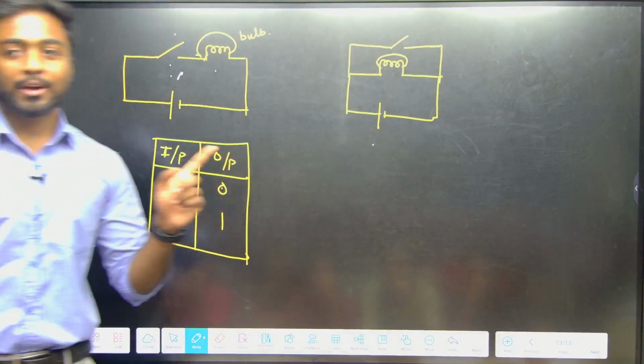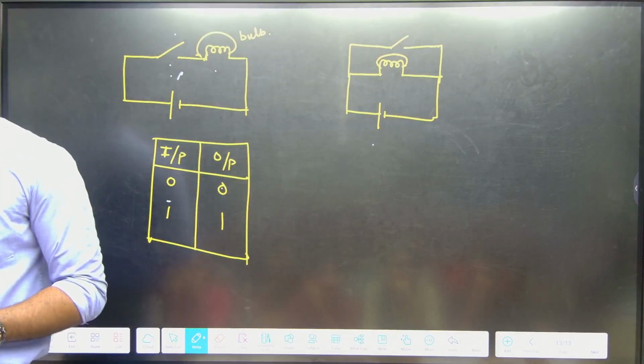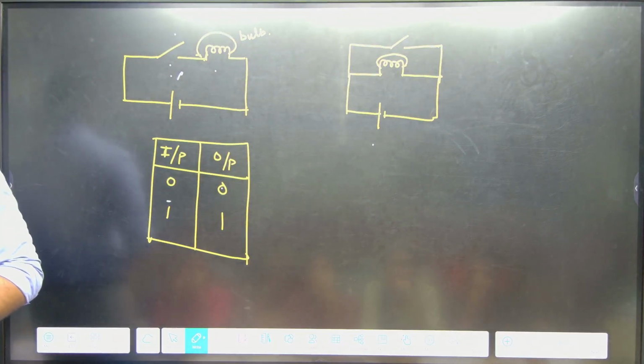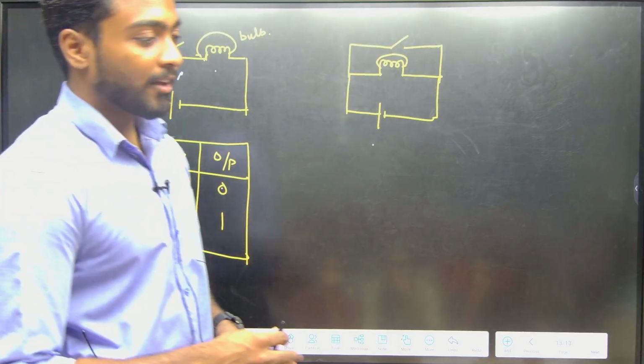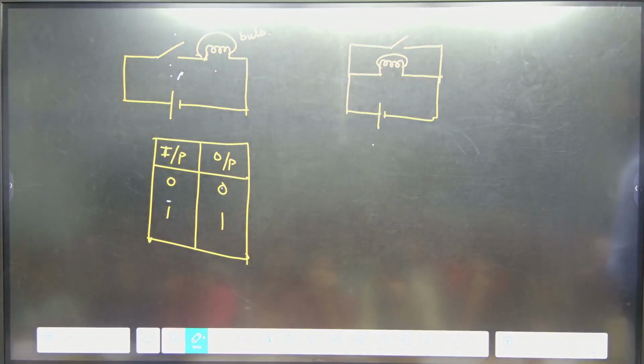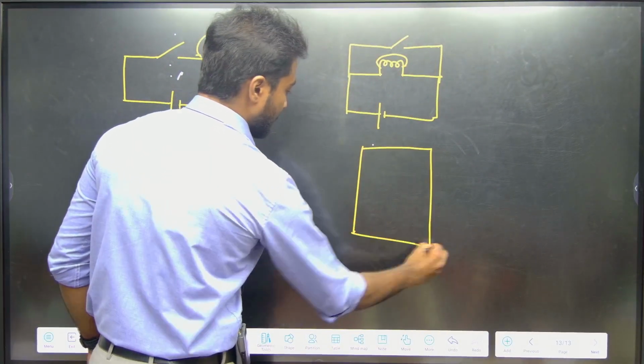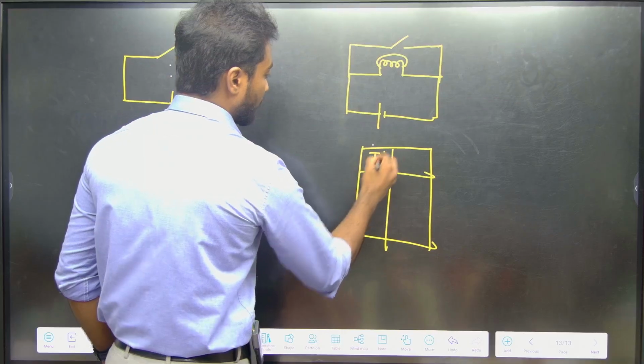The switch is off, but what about the bulb? Glowing or not glowing? Think carefully. Glowing. Okay, the same thing, input and output.